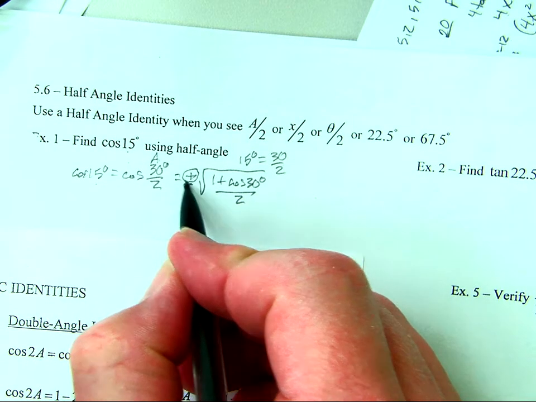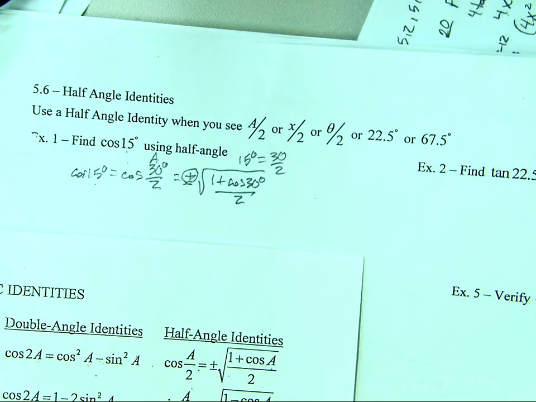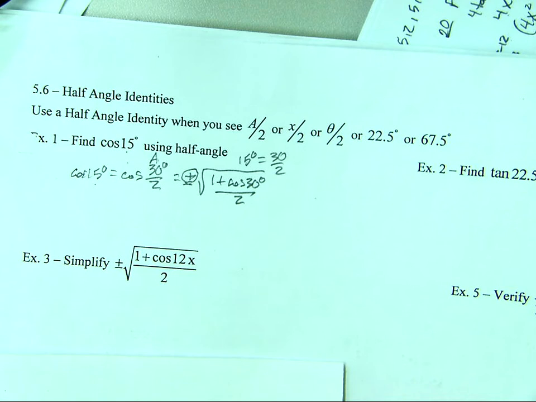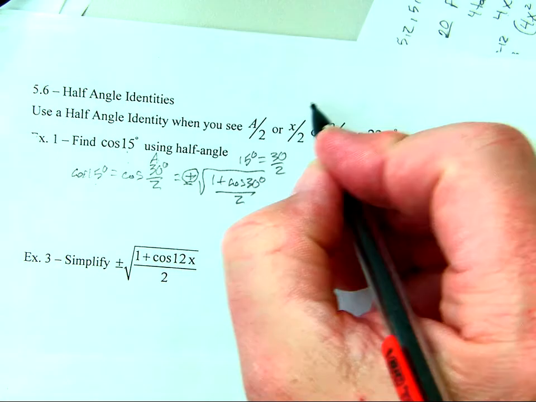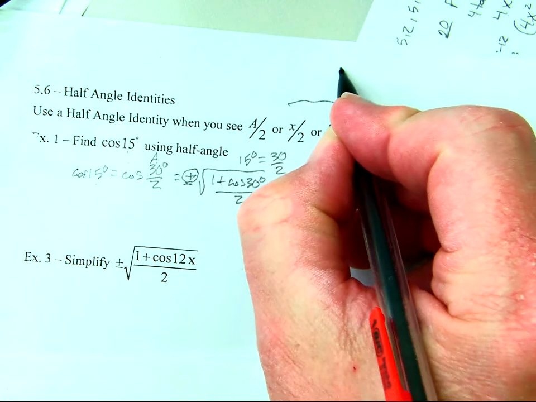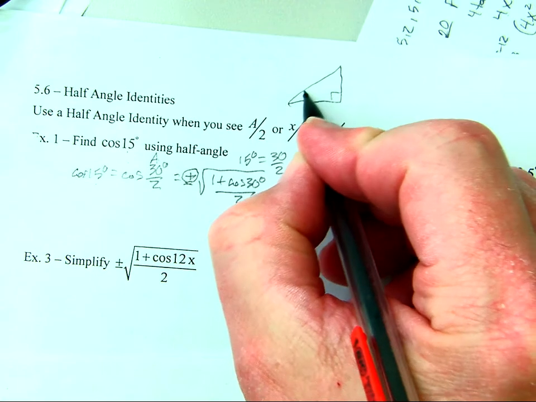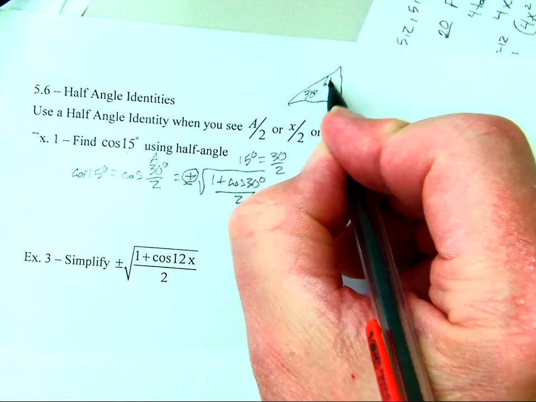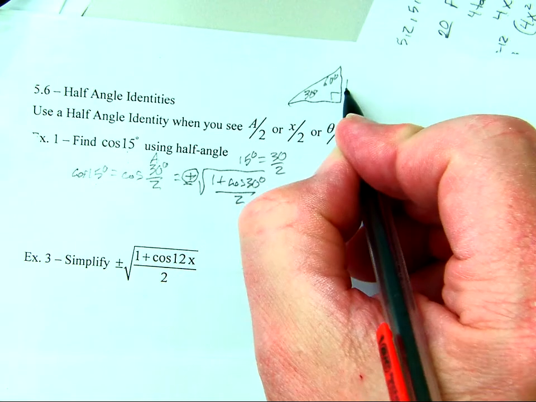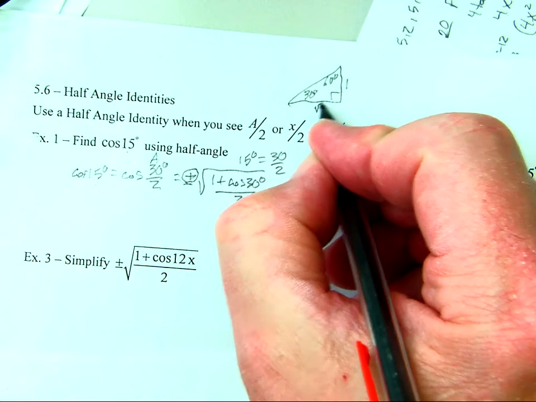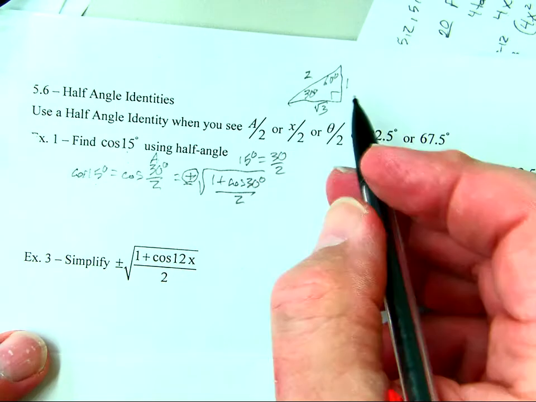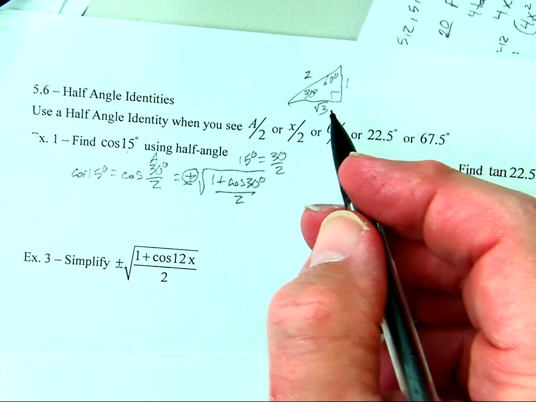Well, now we use 30 because we know the cosine of 30. Remember from our 30, 60, 90 triangle, opposite 30 is always 1. The other leg is radical 3. The hypotenuse is 2. So the cosine of 30 is radical 3 over 2.